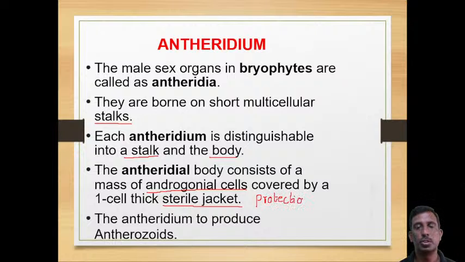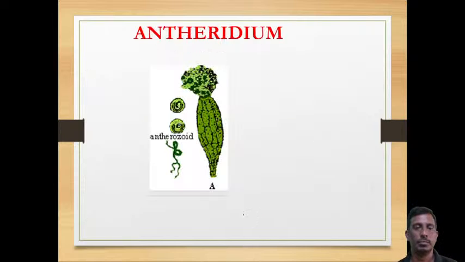So its function is to give protection. Okay. So from androgonial cells, antherozoids are produced. Antherozoids बोले तो वो male gametes है. So you can see antherozoids which are released from the antheridium with two flagella.